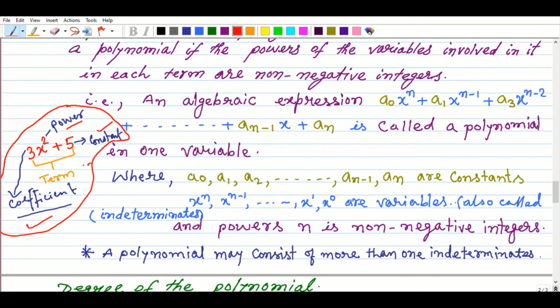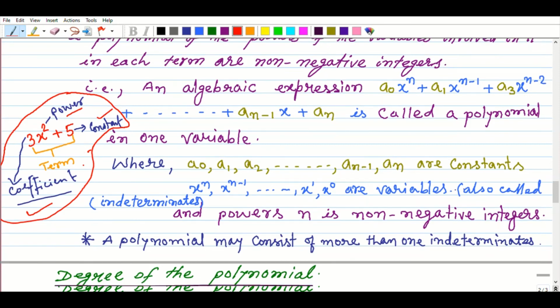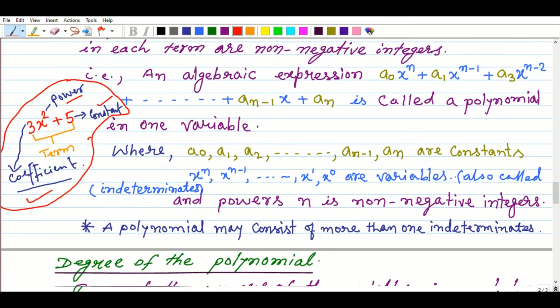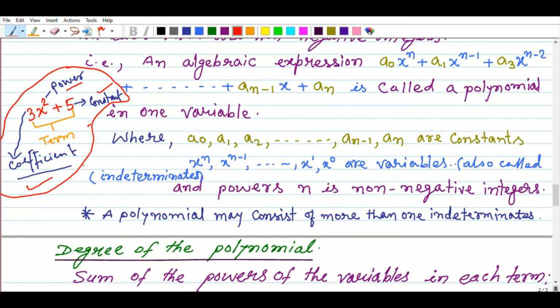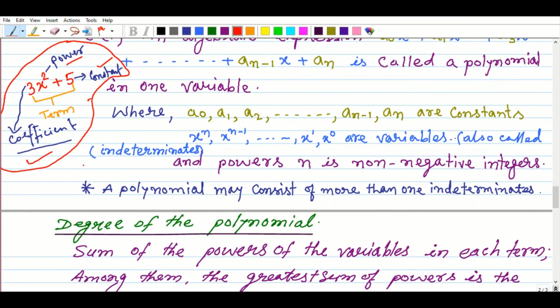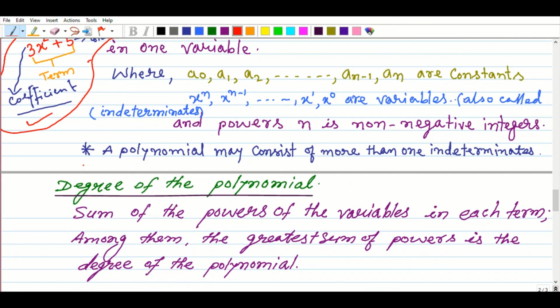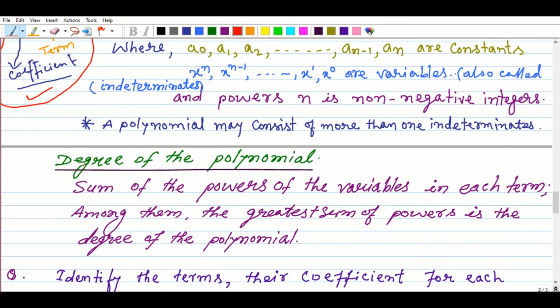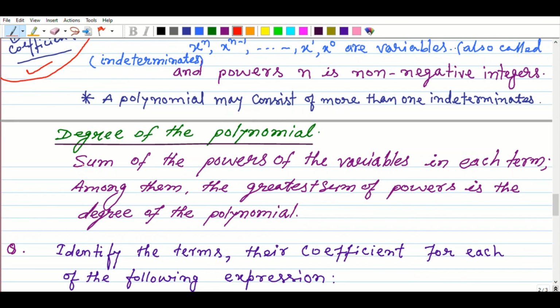Now the next is degree of the polynomial. It's also very simple. It is used in the upper class 9. It's very important, right? It also helps to write polynomials in a standard form, meaning decreasing form according to the power. Degree of the polynomial is the sum of the powers of the variables in each term. Sum means addition.